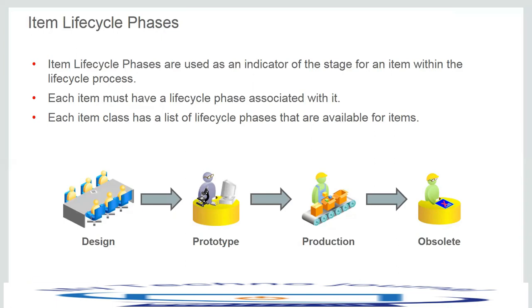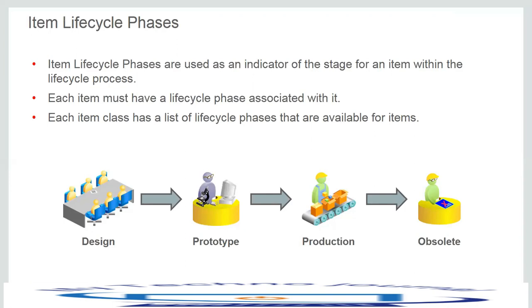So each phase represents a set of tasks and deliverables that are required before promoting an item to the next phase. So for example, for an item that can be used in production, the representative lifecycle phase should be production.